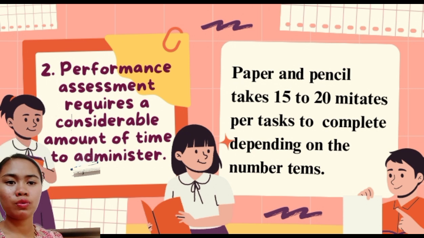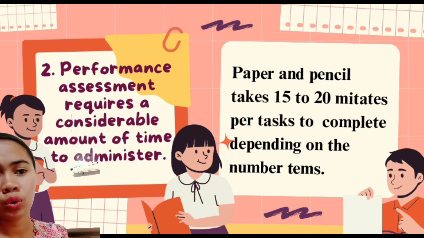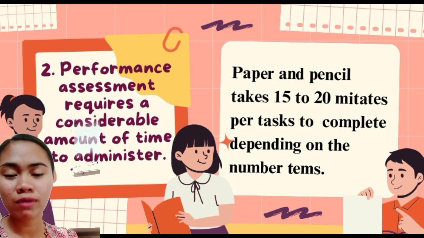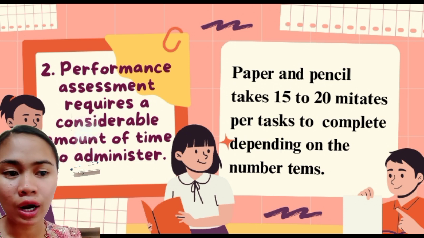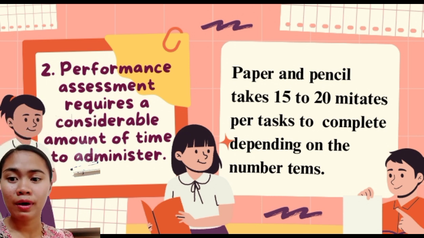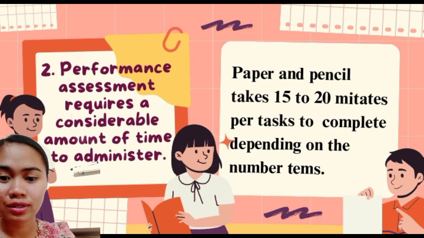Next limitation, performance assessment requires a considerable amount of time to administer. Paper and pencil takes 15 to 20 minutes per task to complete, depending on the number of items. For example, we have a student-led research project with a presentation to the class.